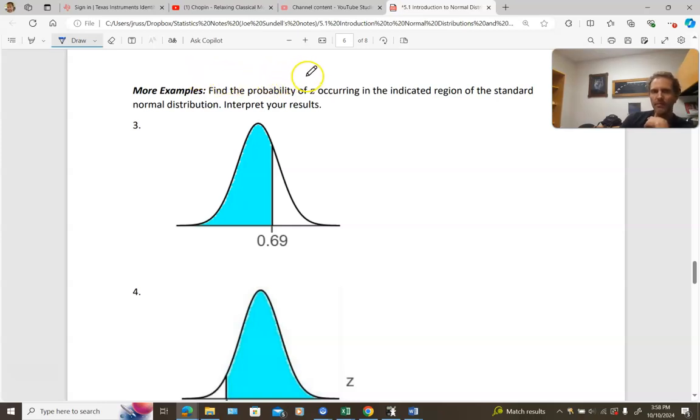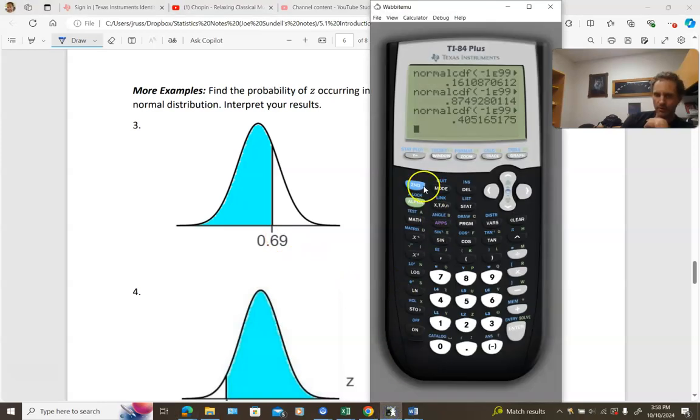So it says, find the probability of z occurring in the indicated region of the standard normal distribution, okay? So you can see here, we've got everything shaded to the left of z equals 0.69. So I'm going to use my old trusty calculator again. I'll go get the normal CDF.